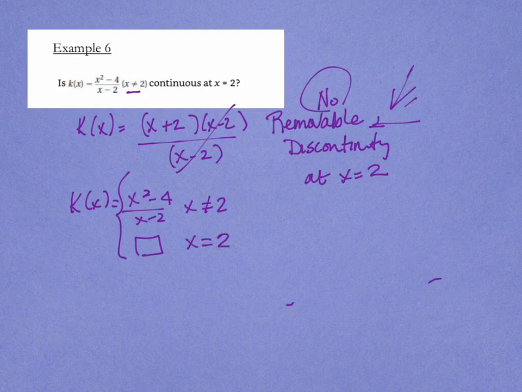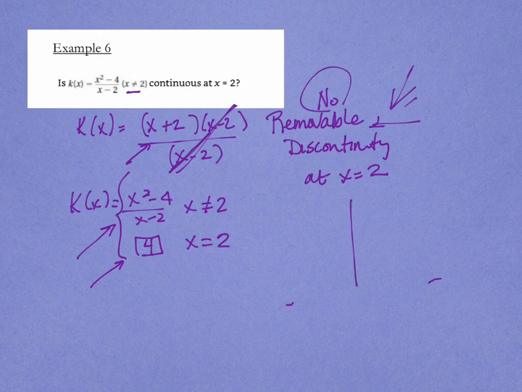As long as the limit of this is equal to what that is, then I'll have continuity. So this would cross out and leave a hole. What would I get if I put it in when I simplified it? I would get 4. So if I said it was 4 at x equals 2, I would have filled it in, and that would have removed the discontinuity.